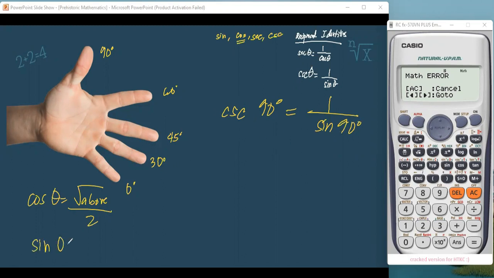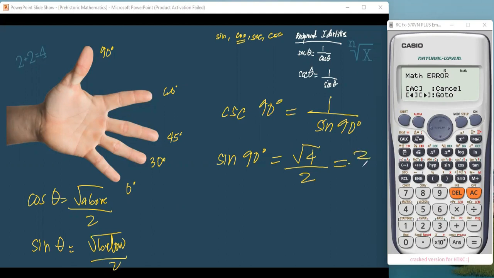So sine theta must be equal to the square root of below over 2. That will give us sine 90 degrees must be equal to how many numbers are there below 90? We have 1, 2, 3, 4. So we have here the square root of 4 over 2. What is the square root of 4? That is 2 over 2, or simply that is 1.